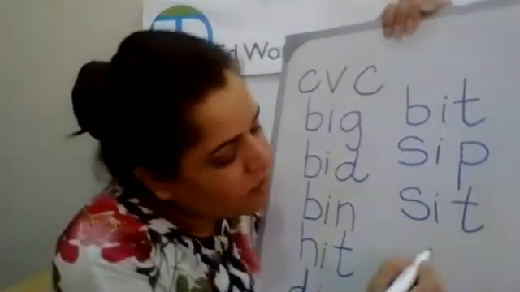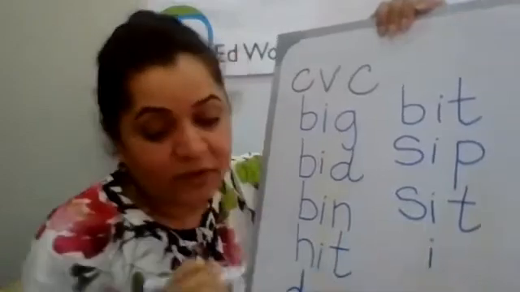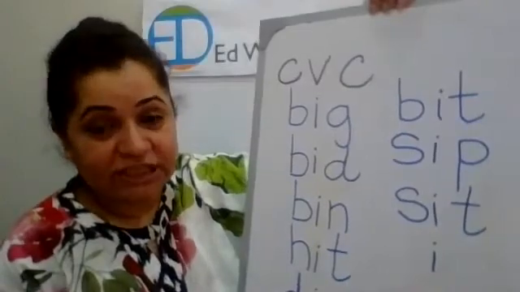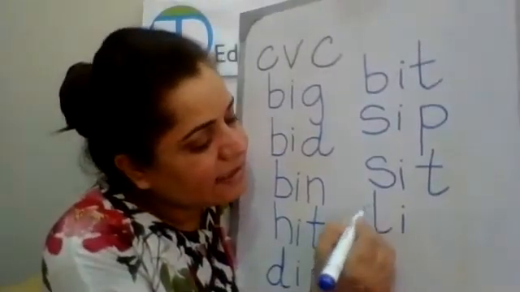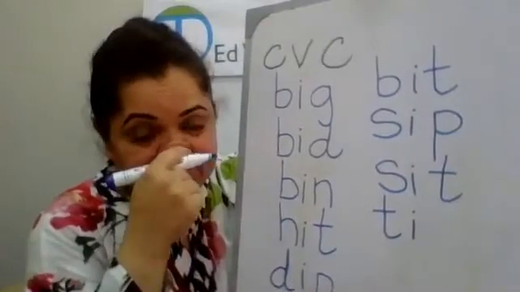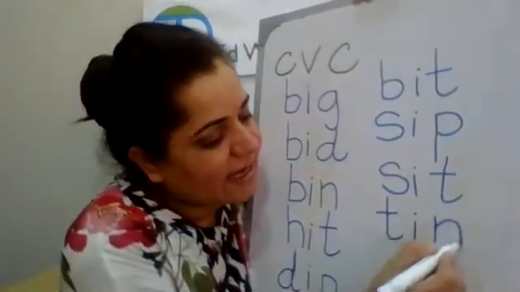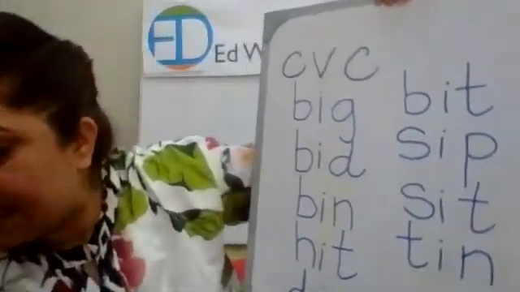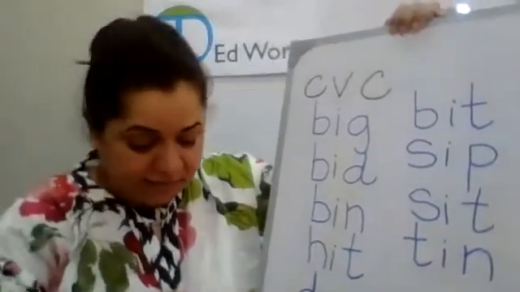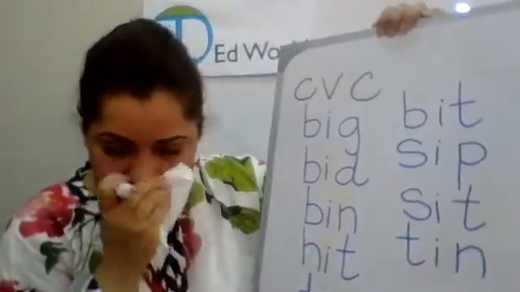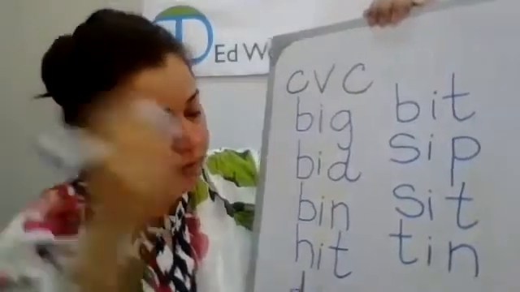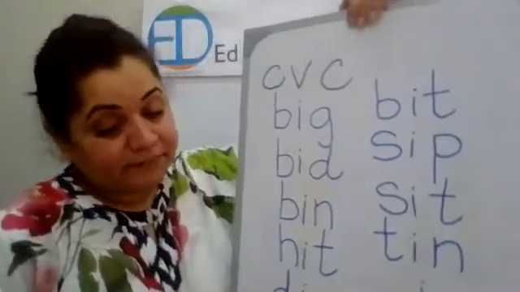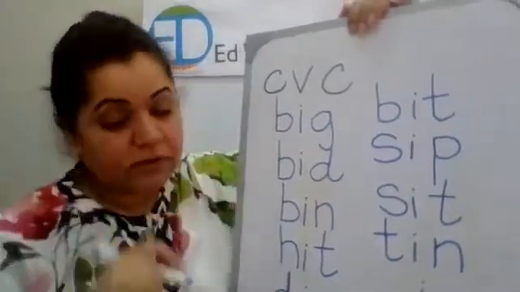One more we're going to make. Maybe two more. Sit. Now T, I, N. Yes, T-I-N, tin. Very good. Now one more we're going to make. Who is going to tell me?